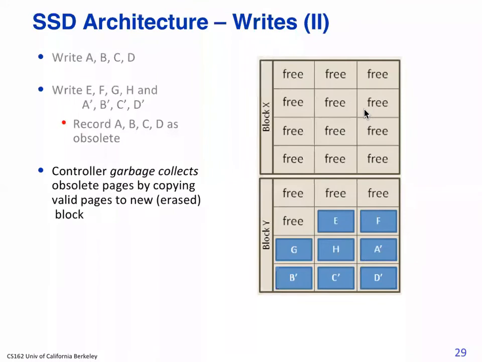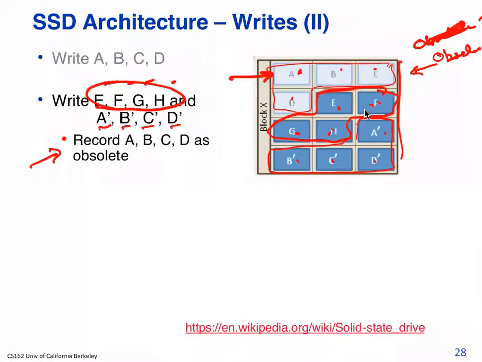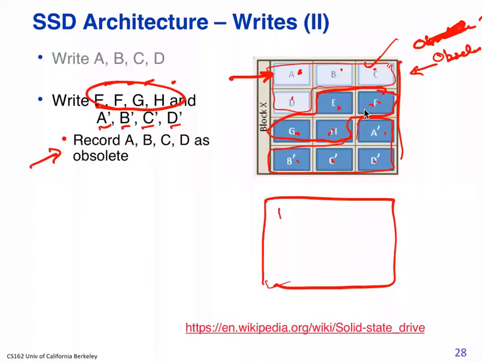So now the controller has an important function of garbage collection, cleaning up obsolete pages by copying valid pages to new blocks. So what happens is that, for example, this is free. Now the controller will see, let's assume that some other block is available which has some valid data.